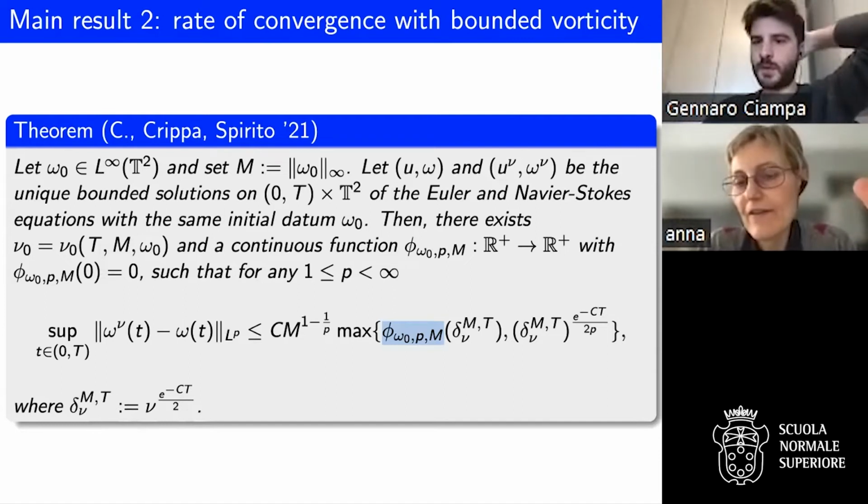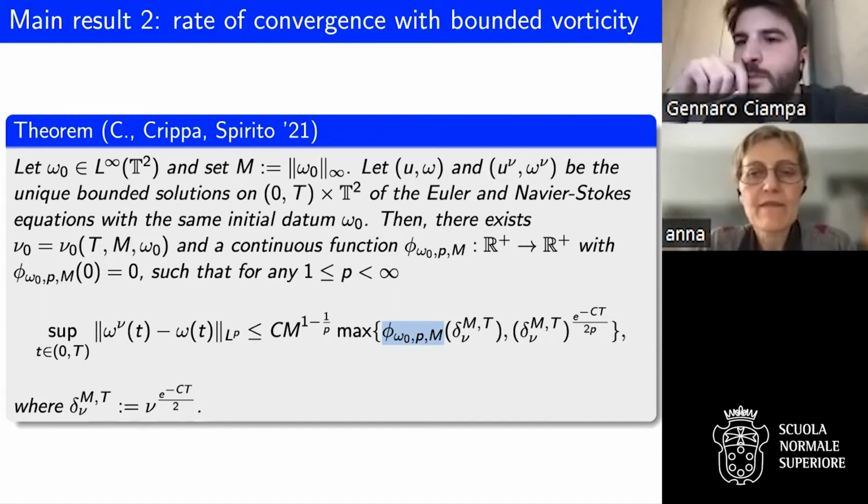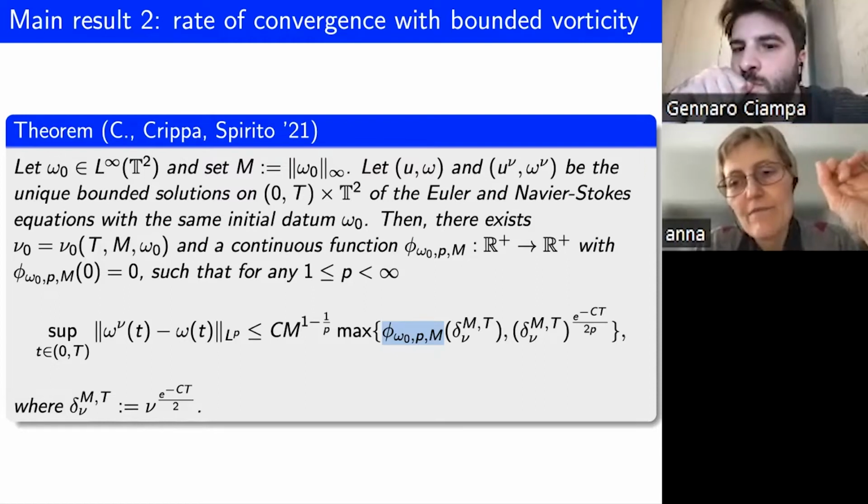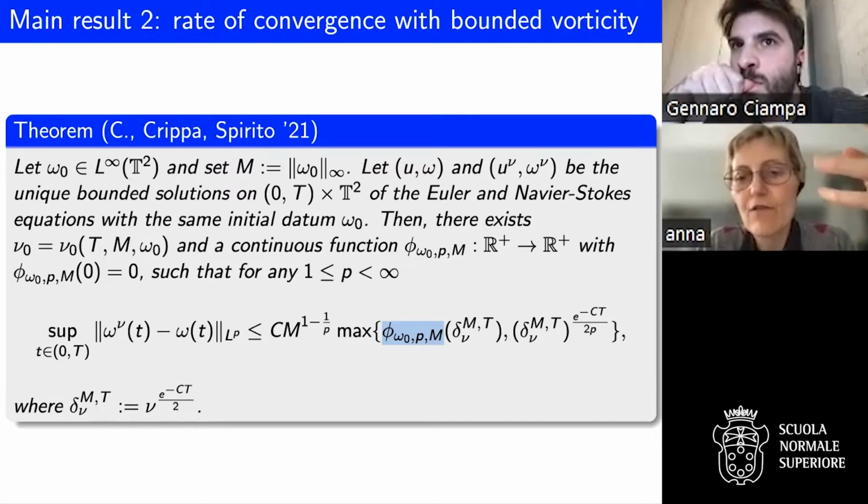Because it's in L infinity. Okay. But my question is, is there a control on the B to infinity norm as viscosity goes to 0, because that could be relevant for the energy spectrum of the solution. So I was wondering if you've thought of also controlling that.